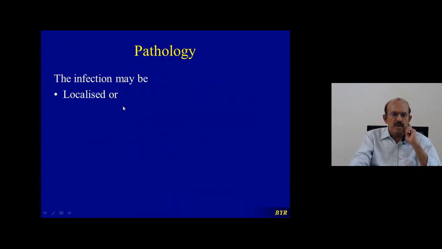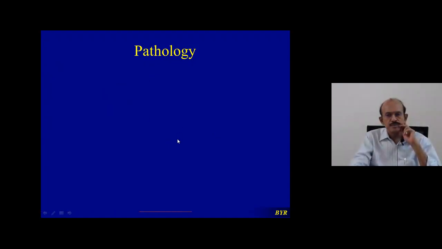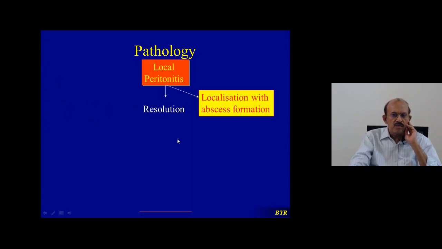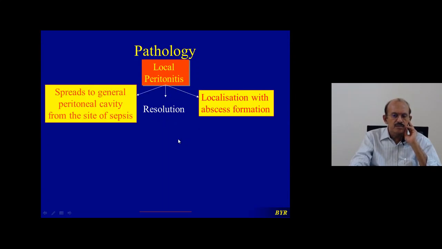The infection may be localized or generalized. Local peritonitis may resolve or it may lead to abscess formation, or it spreads to the general peritoneal cavity from the site of sepsis.